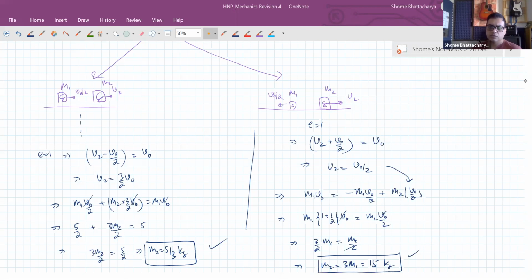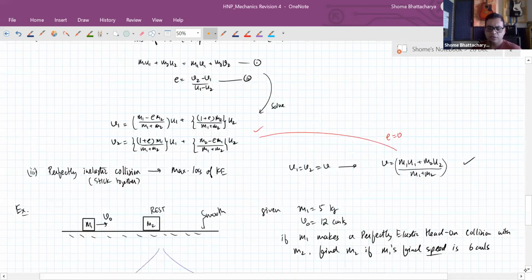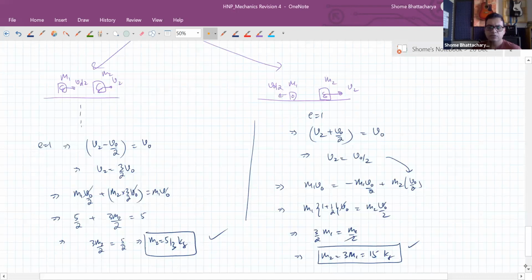Right. Now you can also get a question where the coefficient of restitution is not given, and instead we have to use some kind of energy relation.